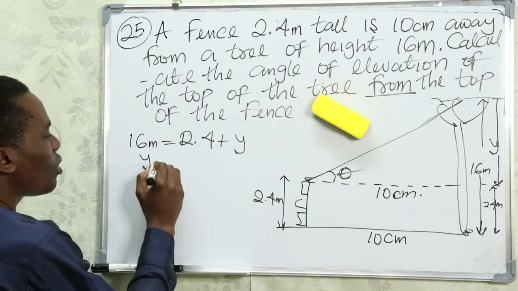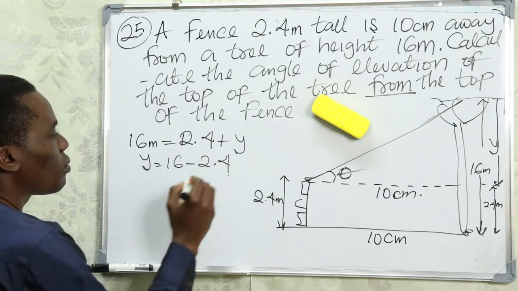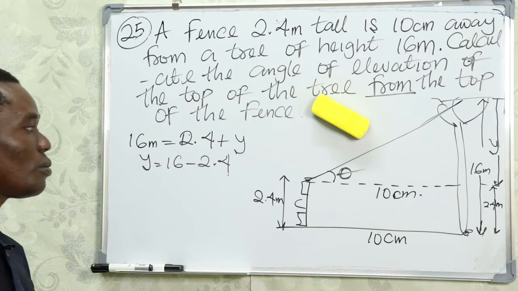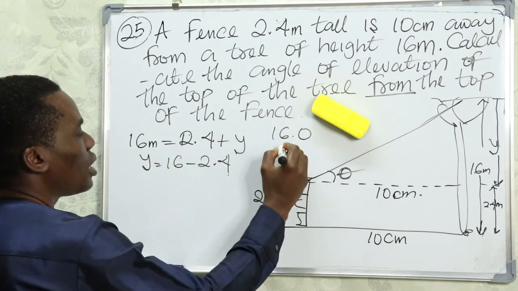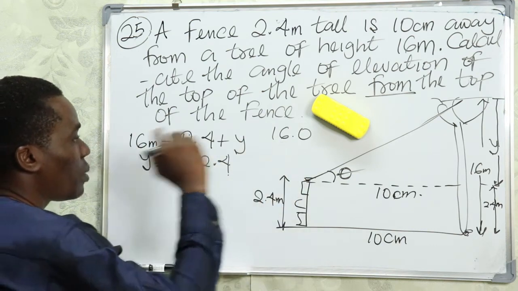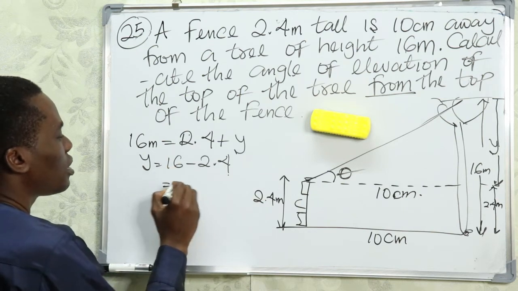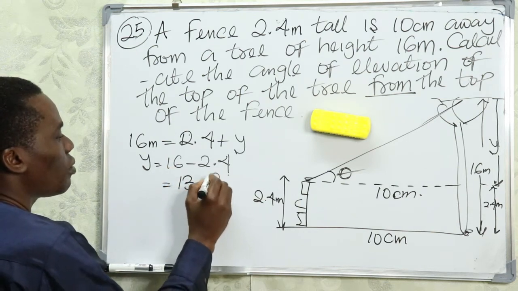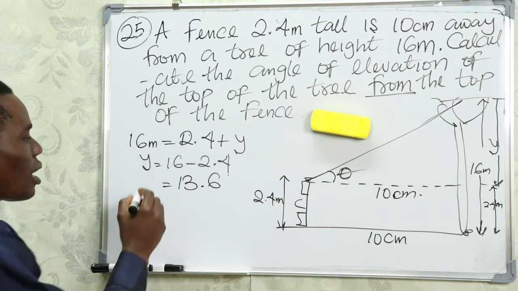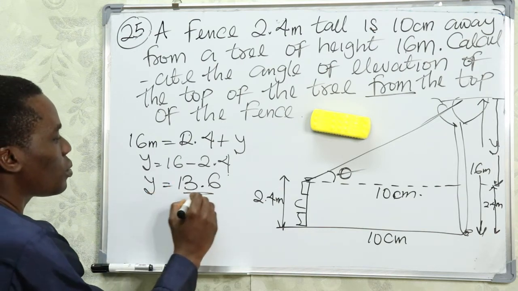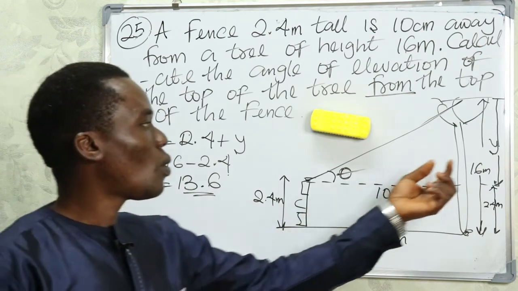So our y now will be equal to 16 minus 2.4. 16 minus 2.4 will give us, we'll have our 16.0, minus 2.4. That will give us 13.6. So our y will be equal to 13.6.